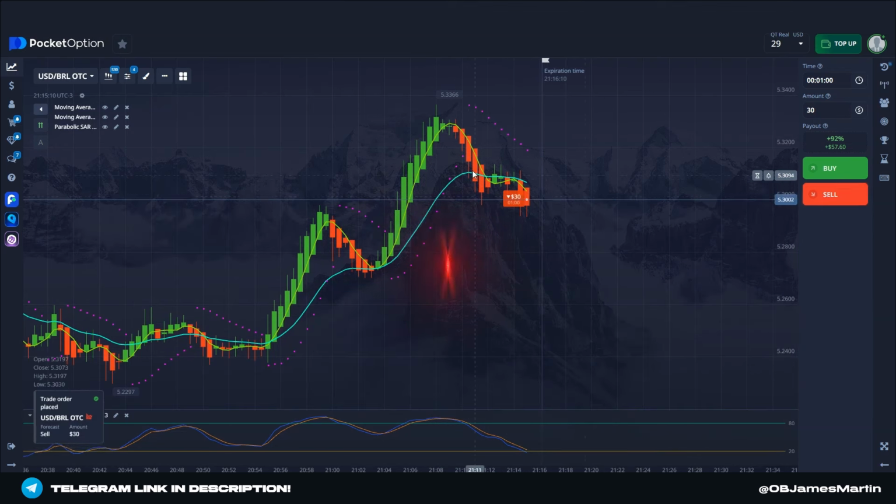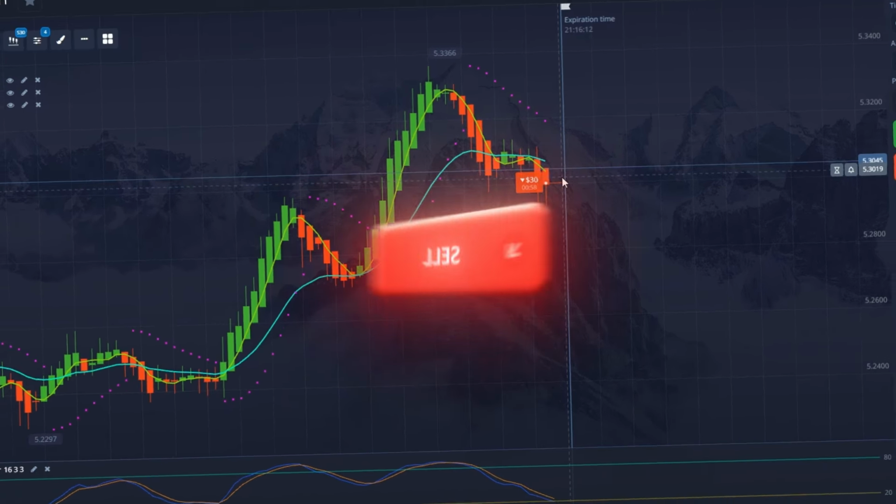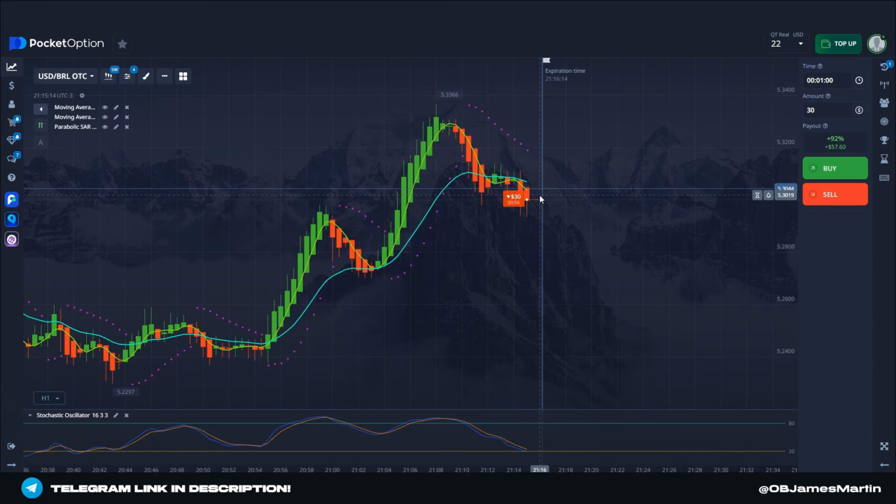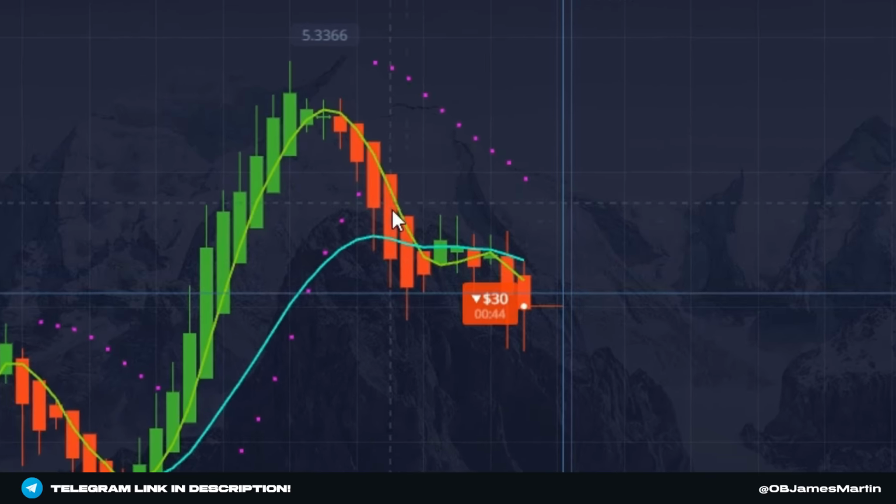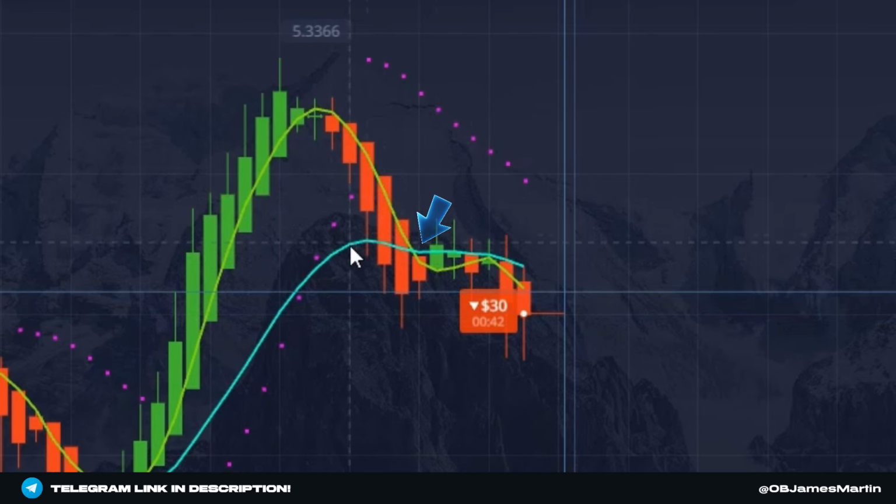So, guys, right here we're looking for a sell opportunity, and I'll make this sell with $30. The first thing we saw before I traded is consistent candlesticks at a particular level, and as you can see, our 2 moving averages intersect with each other.